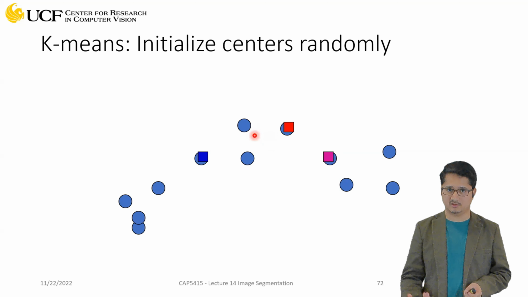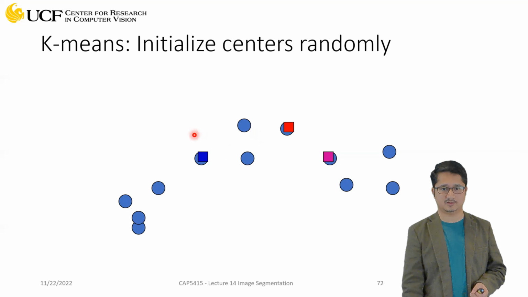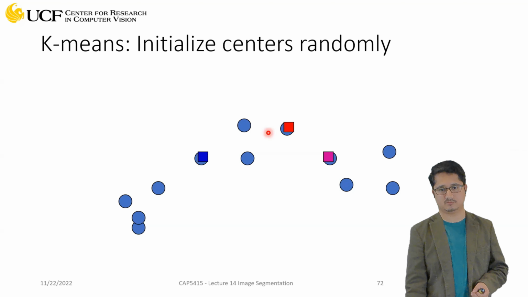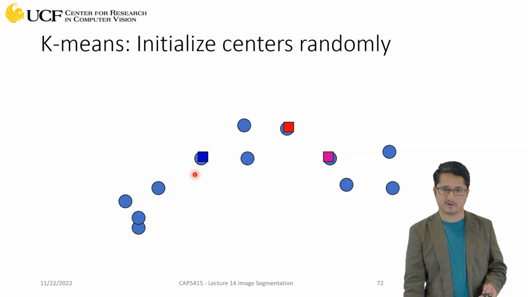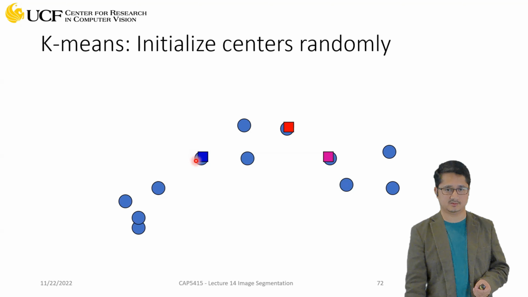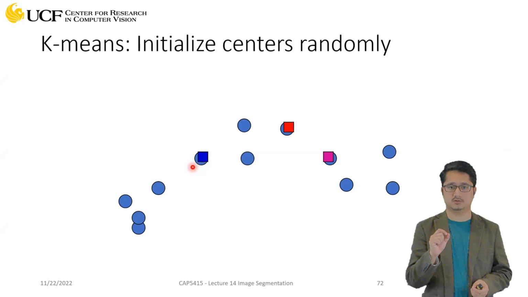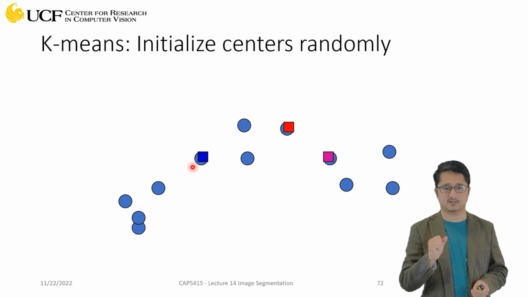Now what we do is randomly initialize these centers among these points. We know this is Euclidean space, so we will randomly put these centers somewhere. That's the starting point. Once that is done, we assign each sample point to these centers, based on how similar that sample is to the cluster center.